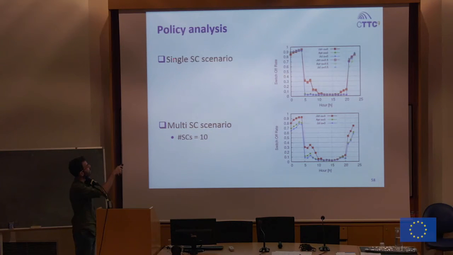When I have just one small cell in the coverage of a macro cell, during the night, the small cell is most of the time off, and then during the day it is on in order to offload the traffic from the macro cell and to fully exploit the renewable energy there.